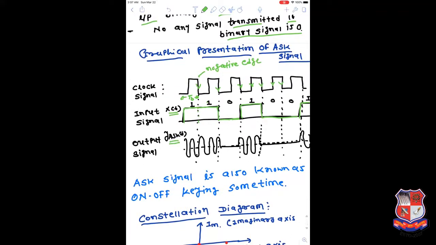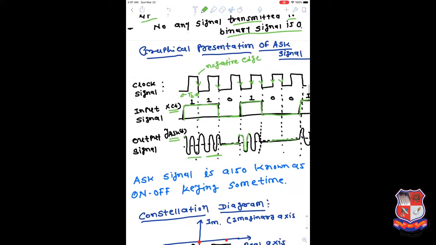So if the input bit is 1, we transmit the cosine signal, which can be shown here. This is the portion. If the next input bit is also a 1, again we transmit square root 2 EB by TB cos omega ct. If the input bit is 0, we are not transmitting anything here. Then again 1, we transmit the cosine signal, and the same for all other bits.